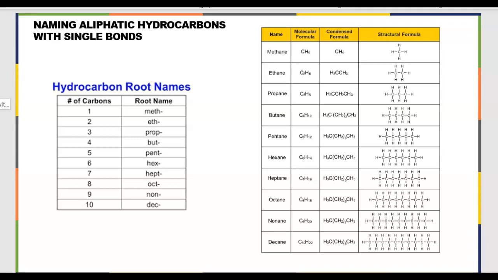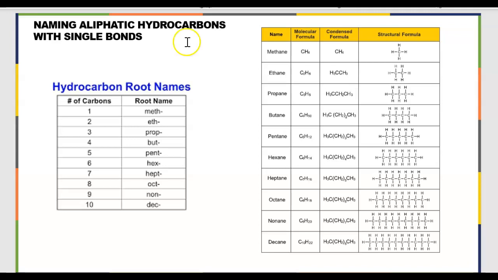So we can look at hydrocarbons, meaning they just have carbon and hydrogen, and we can name them according to the way they bond together and the number of carbons they have, and whether or not they have single bonds or double bonds or even triple bonds. So anything that's a chain of carbons with hydrogens around it is called an aliphatic hydrocarbon.